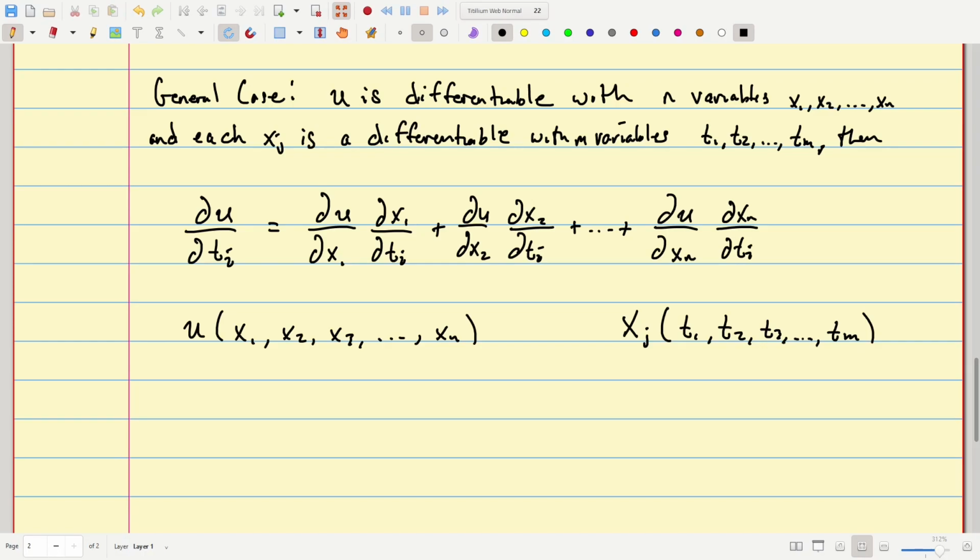We give these things indices as opposed to separate letters in this case because there's too many things to keep track of. These are just to count. But we can write down what it would mean to take the derivative with respect to one of these ultimate independent variable tj's by just stacking everything up.